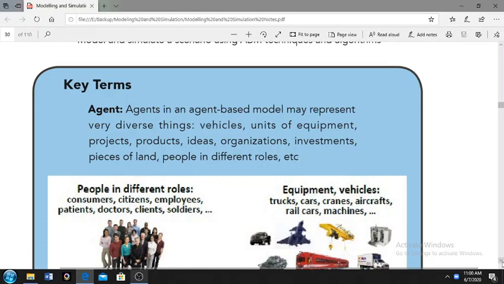The first key term is obviously the term agent. Agent, in an agent-based model, may represent very diverse things: vehicles, unit of equipment, product, project, ideas, organization, investment, pieces of land, people in different roles, etc. What you should understand is that this term called agent, we are going to use it in the three methods.